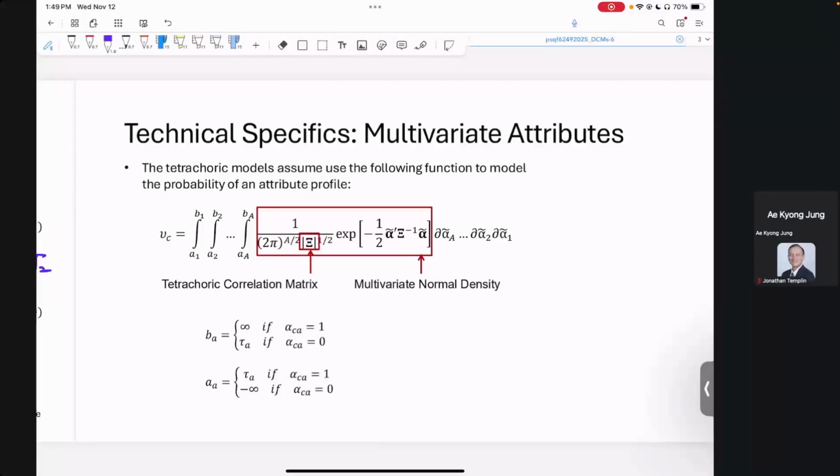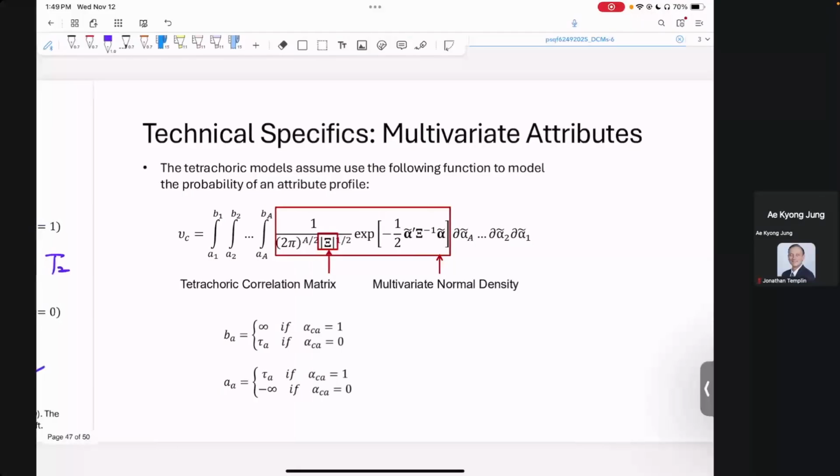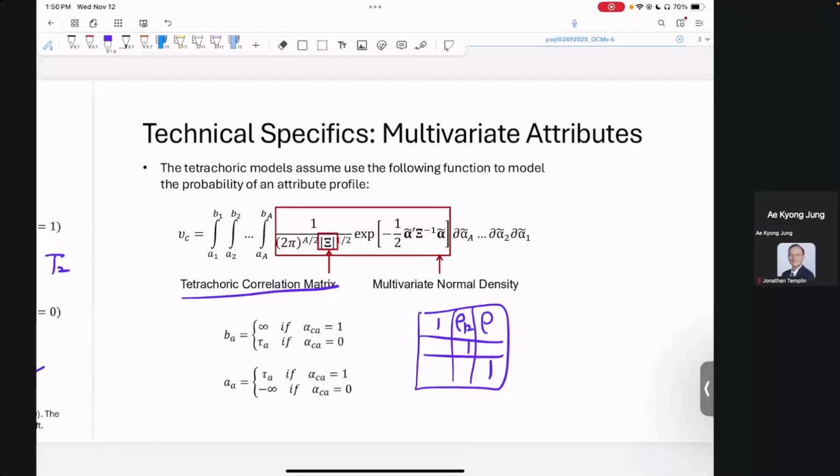This is the multivariate attribute case represented with equations. But the thing we need to focus on is that we want to get the tetrachoric correlation between each pair of the attributes. So let's say there are 3 attributes. Because it's correlation, the variances are fixed to 1, and we want to find the correlation between 1 and 2, between 1 and 3, and between 2 and 3.